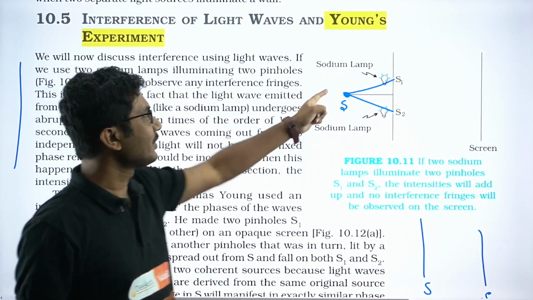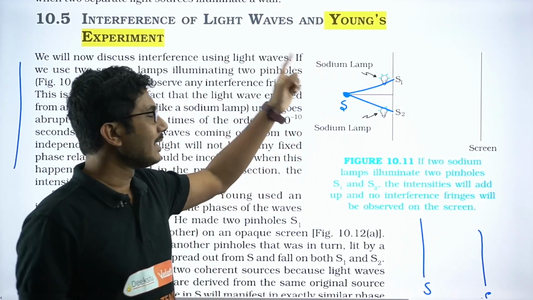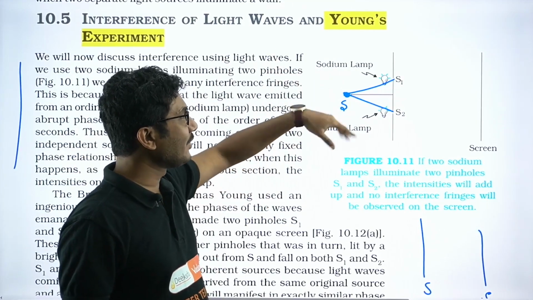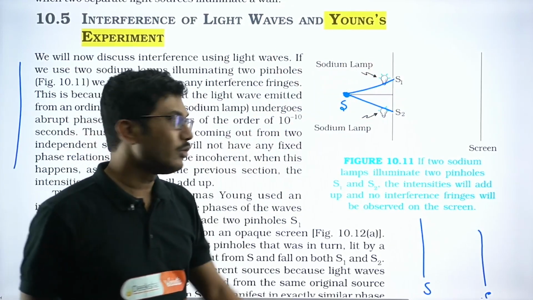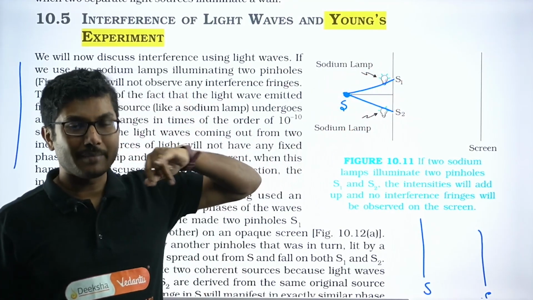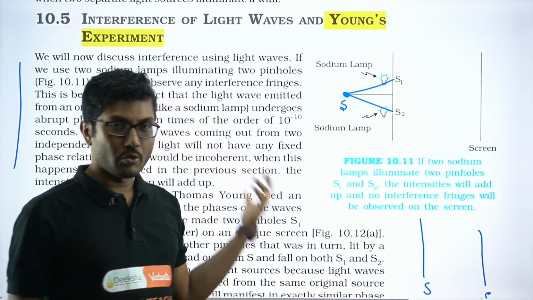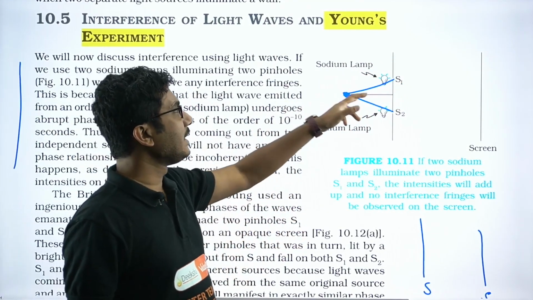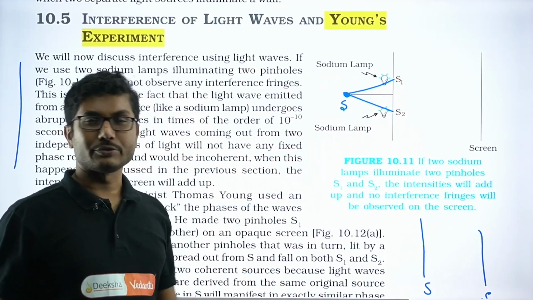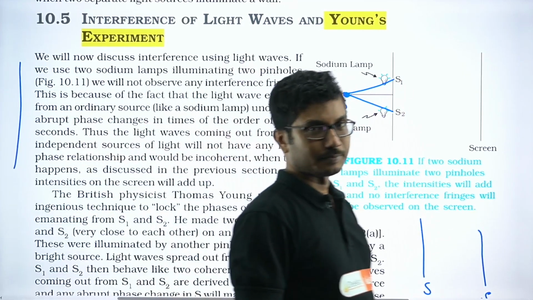He is using one sodium lamp, which can be considered a coherent source, and from there he is dividing it into two sources, so they have a fixed phase relation.